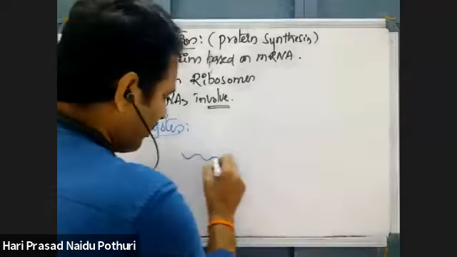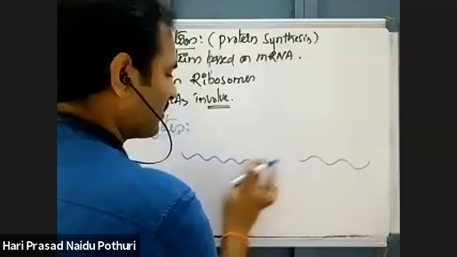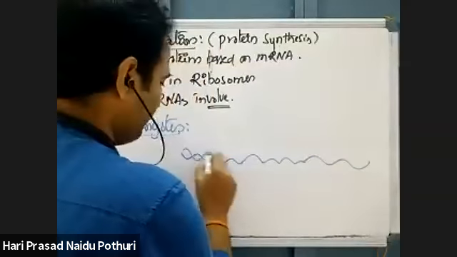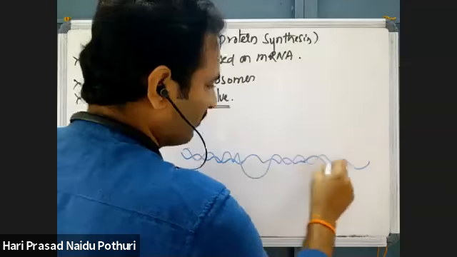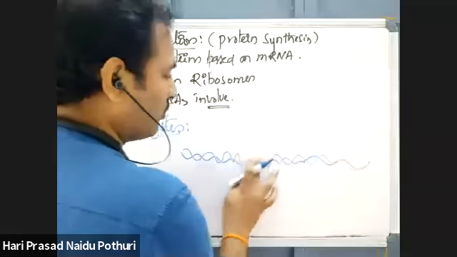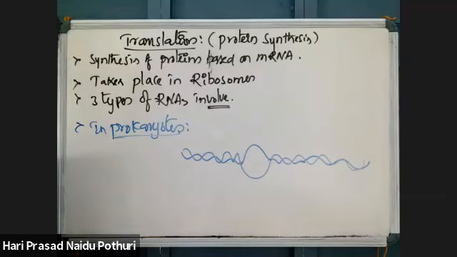There are no 2 different compartments in the cell. Prokaryotic cells do not have 2 compartments. What are the 2 compartments? Cytosol and nucleus. As the nuclear membrane is absent, there is presence of nucleoid.